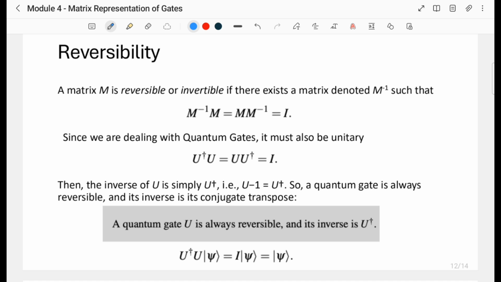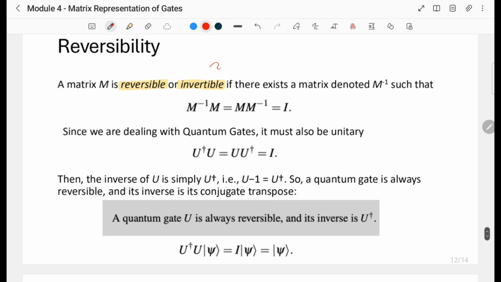So here we have the same definition but in matrix form. A matrix M is reversible or invertible. I hope you remember this word invertible from your linear algebra, and the inverse of a matrix M is represented as M inverse, and there are ways to calculate this which we will not go into detail right now.